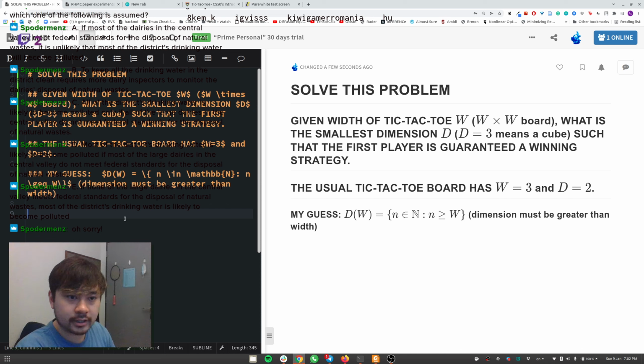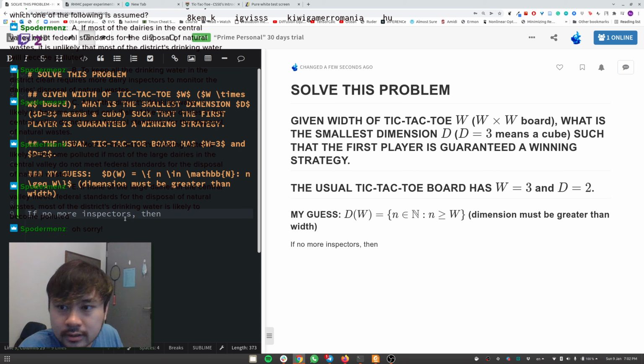So this is saying: if no more inspectors, then they will fail standards. The budget does not allow. Consequently... and so this is, I guess, the premise.